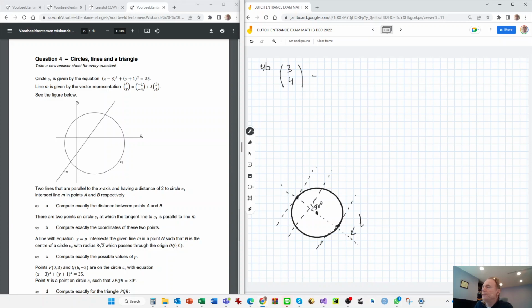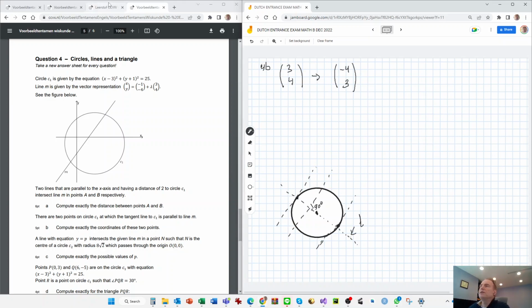Well, you do that just by flipping the x and y and putting a negative sign to one of the coordinates. So there will be a minus 4, 3. And the reason is that if you do the inner product of these two, you get 0. So you get 3 times minus 4 plus 4 times 3.